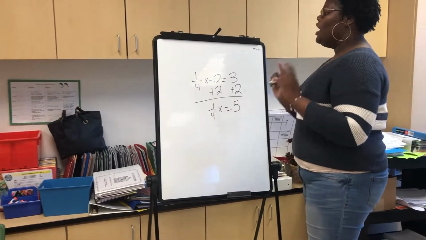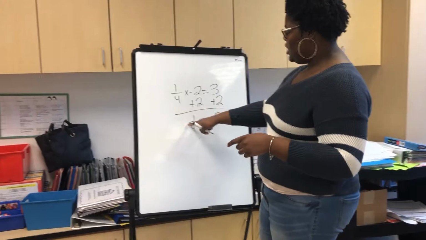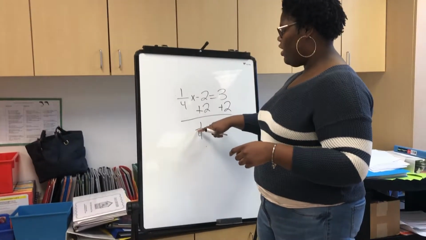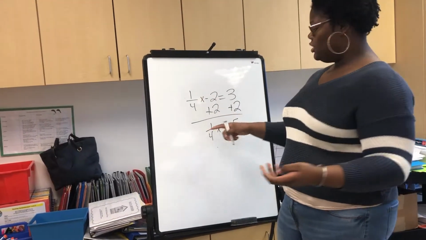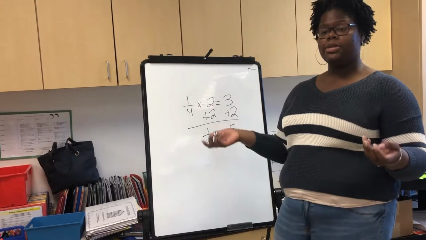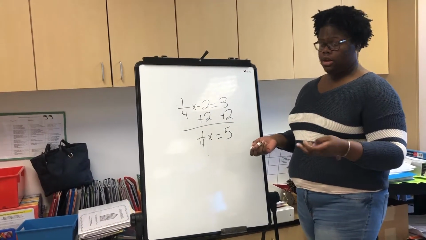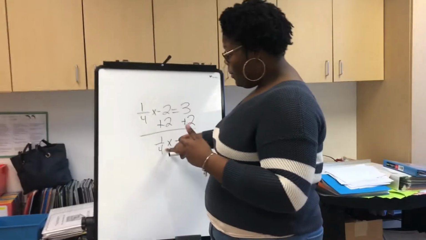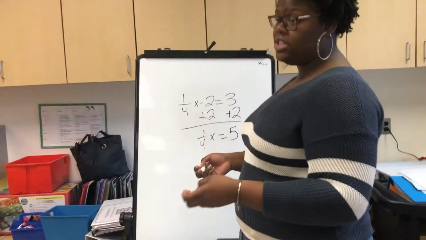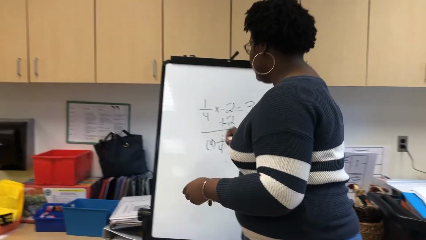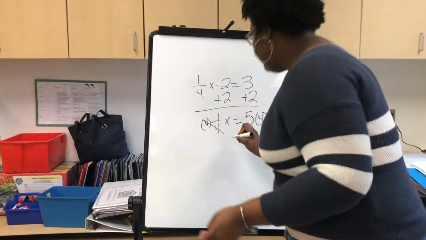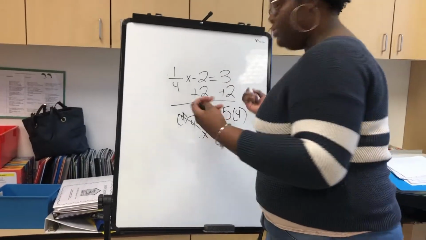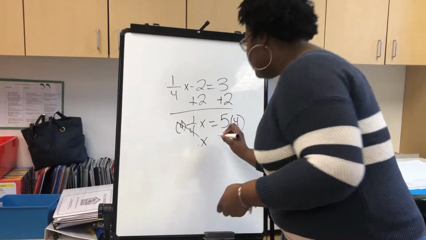Here we see a fraction, which is automatically assumed to be division. So what's the opposite of division? Multiplication. So we multiply both sides by 4, and then this cancels out, which makes x equal to 20.